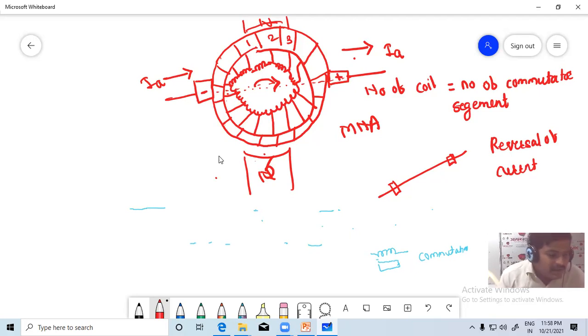Now see, again I have told you that this brush is pressed against the slip ring. Slip ring वरती press केलेला असेल.